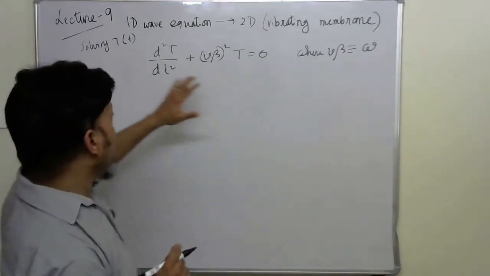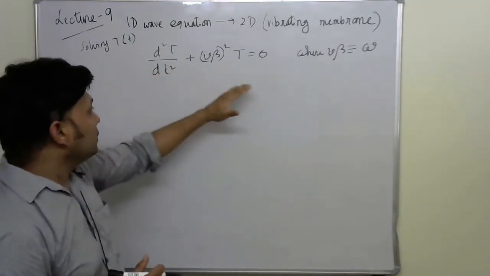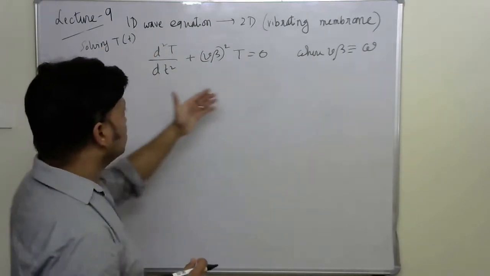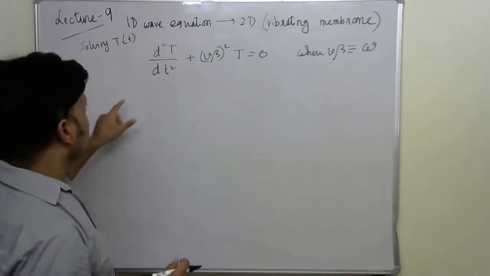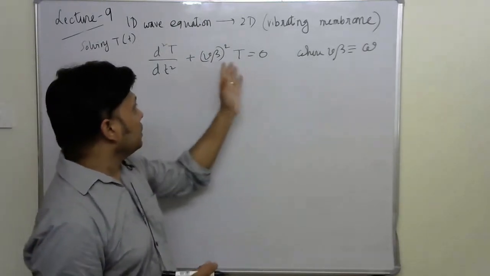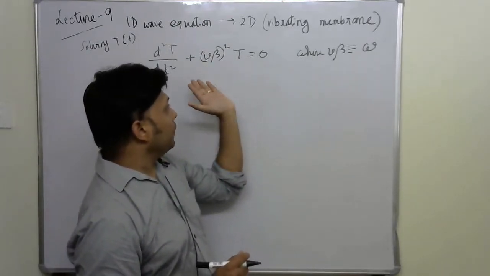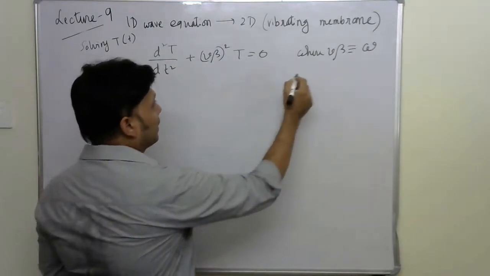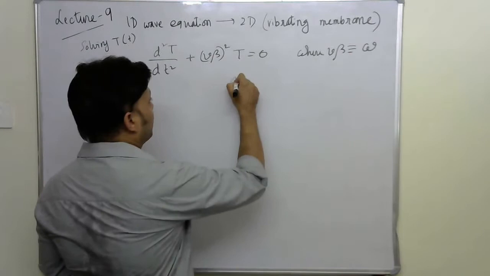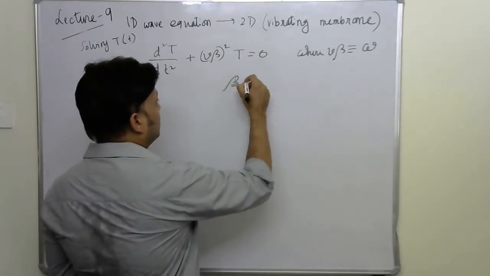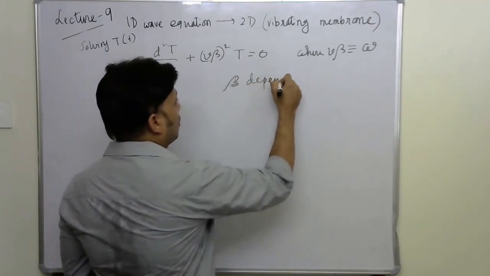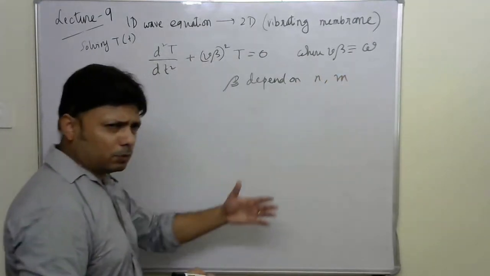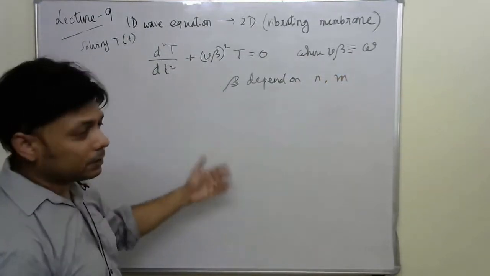So coming back, I have already written the ordinary differential equation containing the time variable. Here you see that we can equate velocity multiplied by beta is equal to omega. Now we have already seen that the value of beta depends on both these numbers n and m, just as we have seen a few minutes ago.